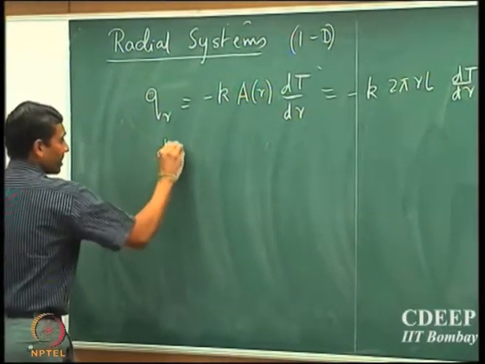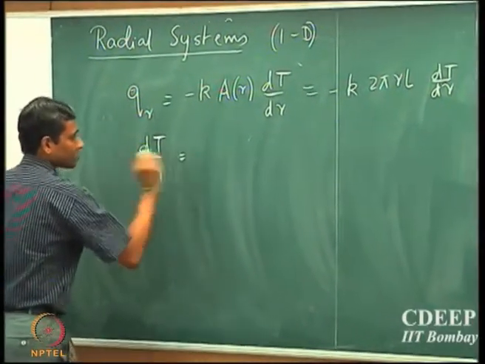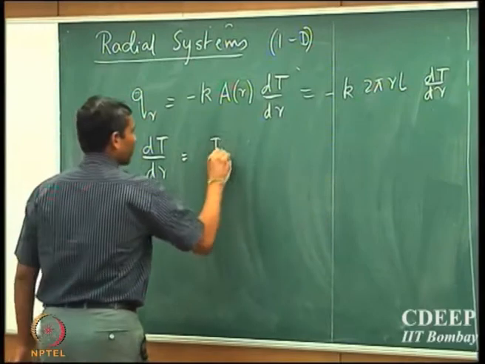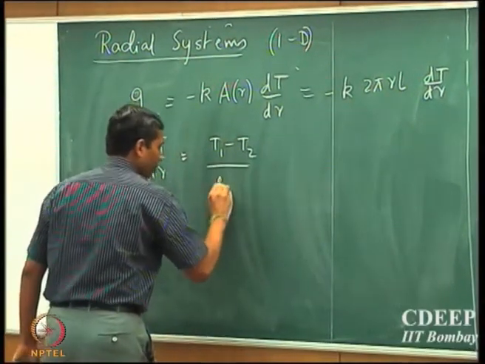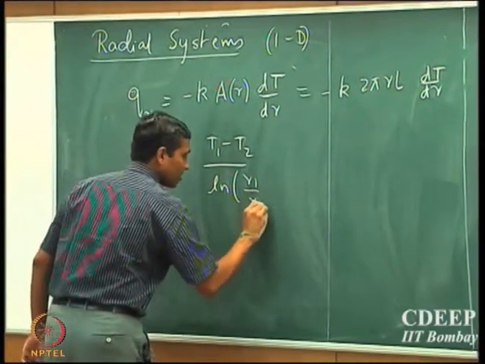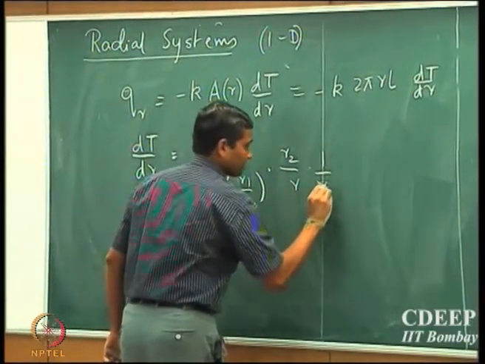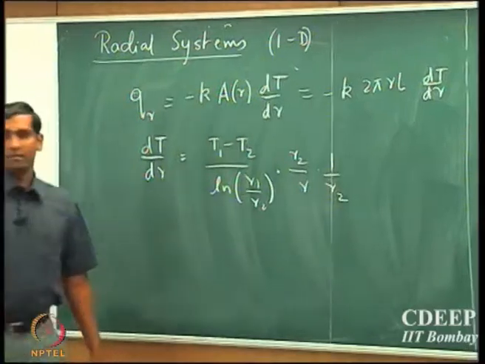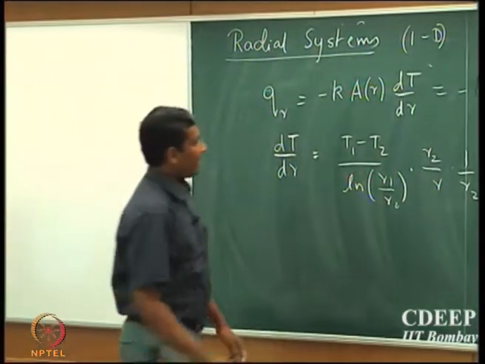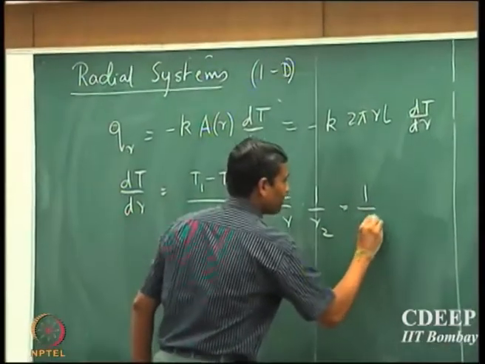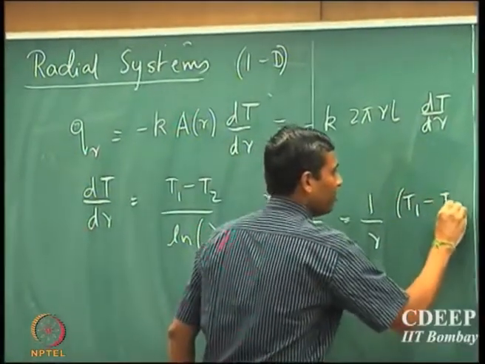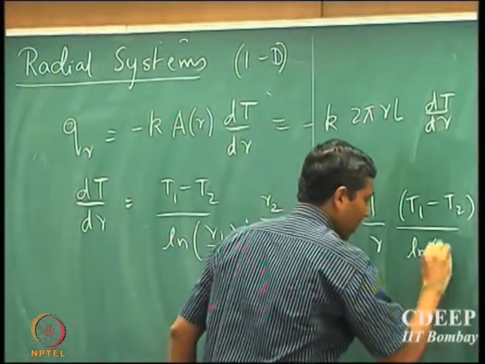So dT by dr is (T1 minus T2) divided by ln(R1 by R2), into R2 by r, into 1 by R2, right. So that is nothing but 1 by r, (T1 minus T2) into ln(R1 by R2).